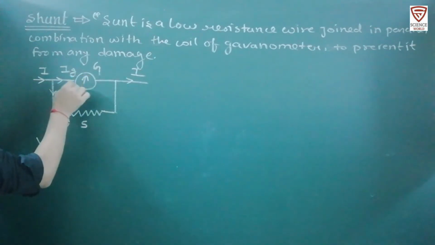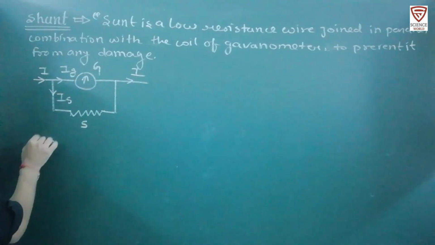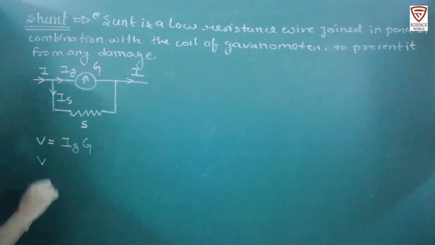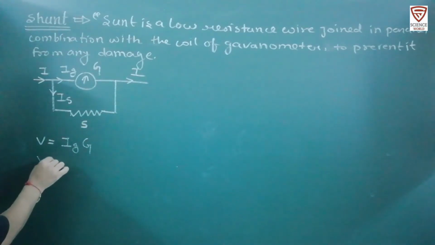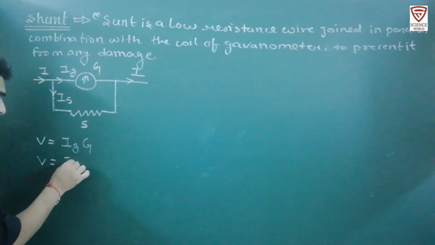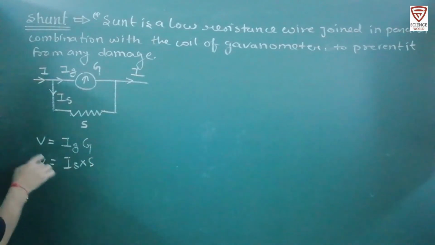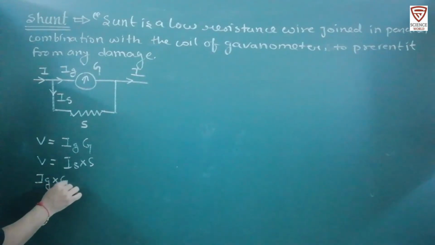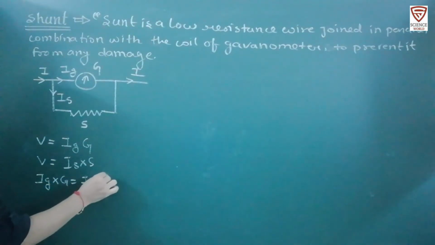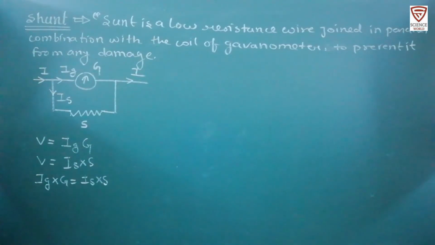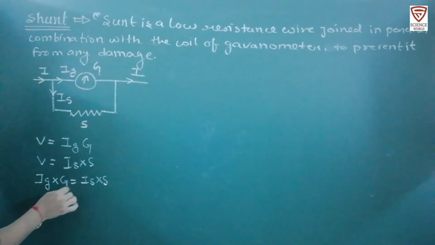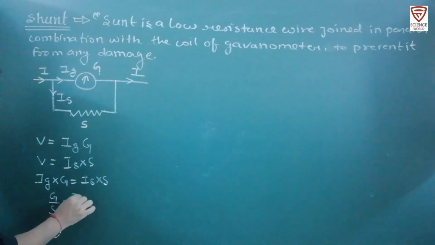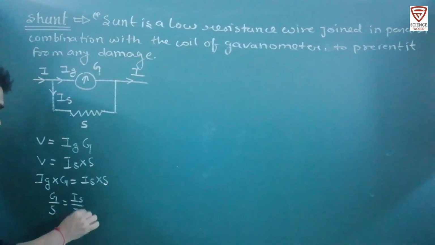So for the galvanometer V should be equals to Ig into G, and for the shunt voltage will be equal to Is into S, and these both are equal, so we can write down Ig into G is equals to Is into S. So we can write it as G upon S is equals to Is upon Ig.